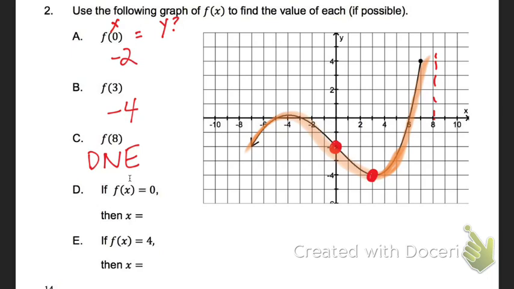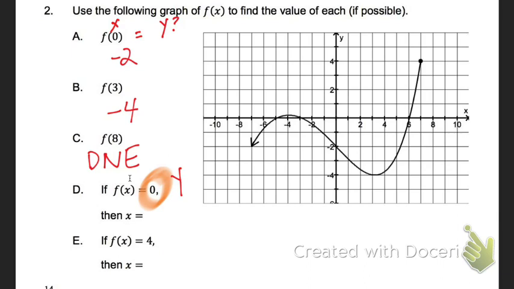For D and E, they're different. Now it gives you the y and it wants you to find the x. So here, it gives you the y when y is 0, but it wants to know the x. When y is 0, if I were to graph y equals 0, what would that look like? Is y equals a horizontal line or a vertical line?